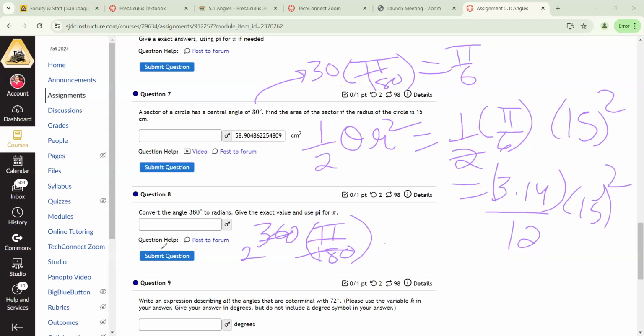So we get 2 here, and that is 2 pi. Or you can simply think when you complete a rotation, that is 2 pi. 360 degrees as radians is 2 pi.